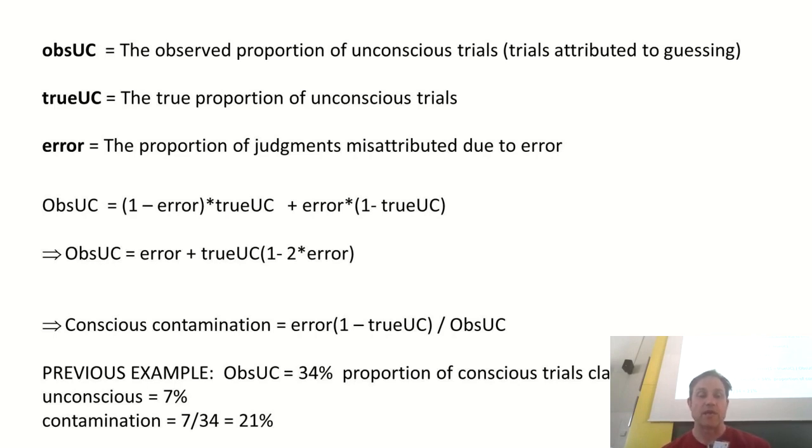So the amount of conscious contamination in the previous example, 7%, was the percent contributed to our measured unconscious trials by actual conscious trials. That 7% are actually conscious. So that's the contamination, that's 7, out of the 34% that we measured in total. So there's a 21% contamination, in other words, for that previous example. In other words, of all the trials we measured as unconscious, 21% are actually conscious. So given this model, we can put a percentage on it.